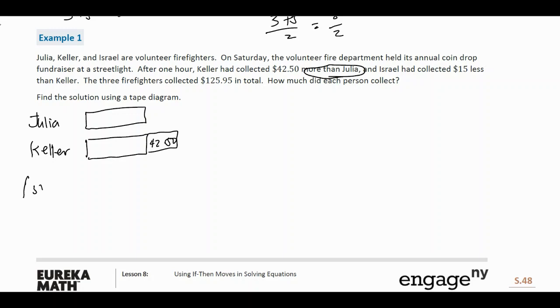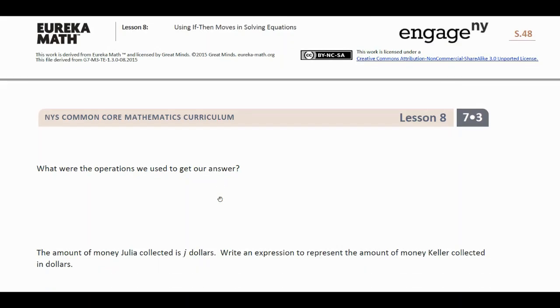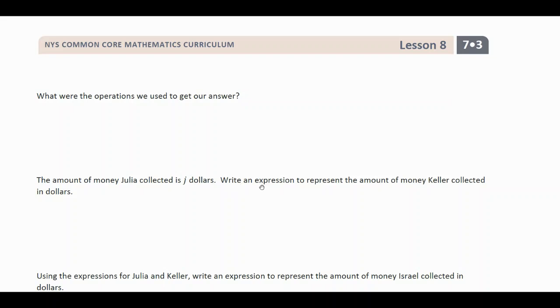And then for Israel, it says $15 less than Keller, so it means we need to get Keller's, which is this, minus 15. All right, so we now have the diagram. What were the operations we used to get our answers? Basically, the operations that we use are, of course, addition and subtraction.